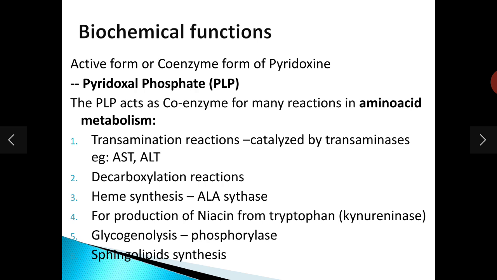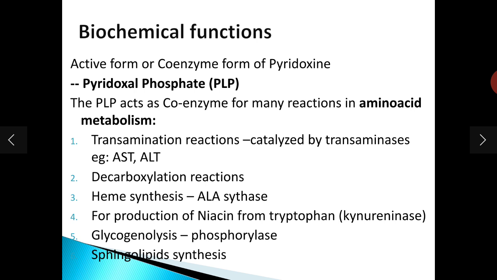PLP acts as a coenzyme for many reactions, mainly in amino acid metabolism. The first is the transamination reactions, catalyzed by transaminases. For example, AST and ALT, aspartate transaminase and alanine transaminase, are dependent on PLP, that is pyridoxal phosphate.